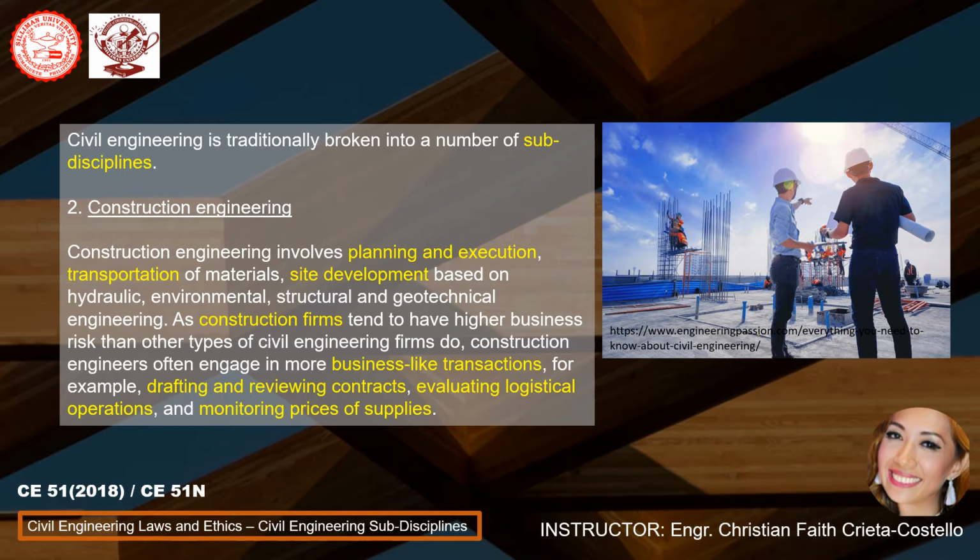As construction firms tend to have higher business risk other than the usual construction engineering services, construction firms tend to engage in business-like transactions, for example, drafting and reviewing contracts, evaluating logistical operations, and monitoring prices of supplies.